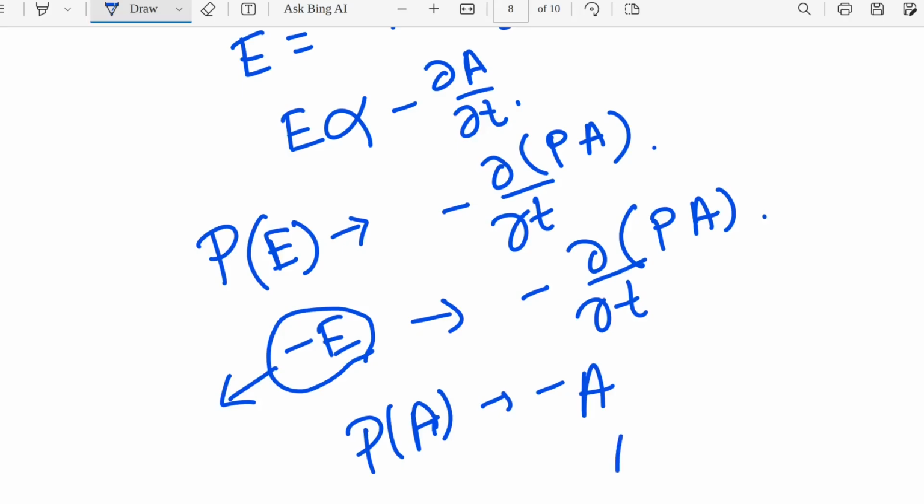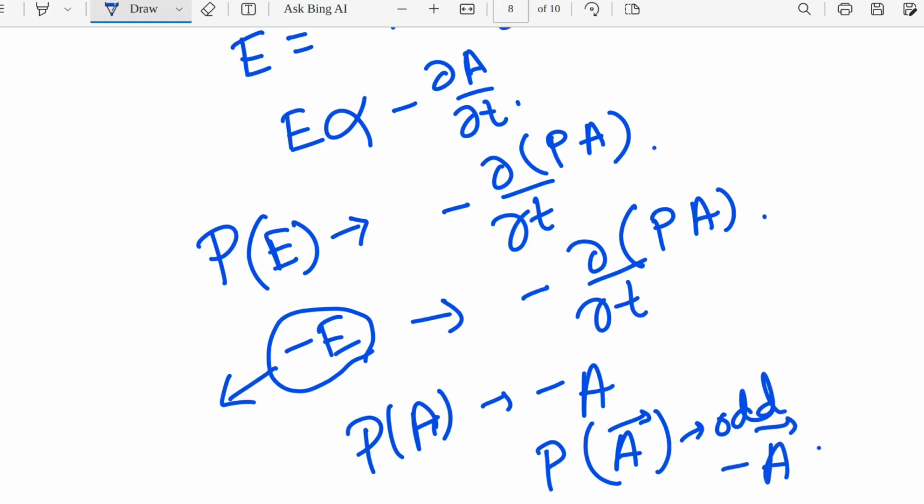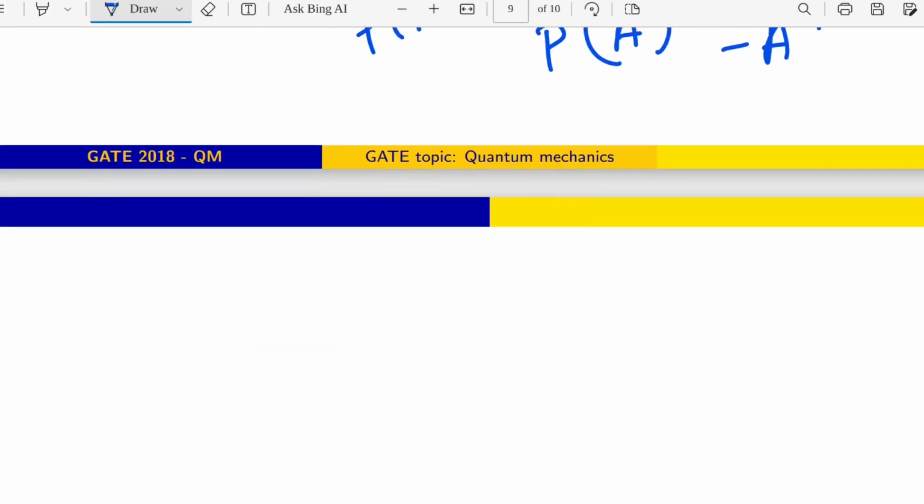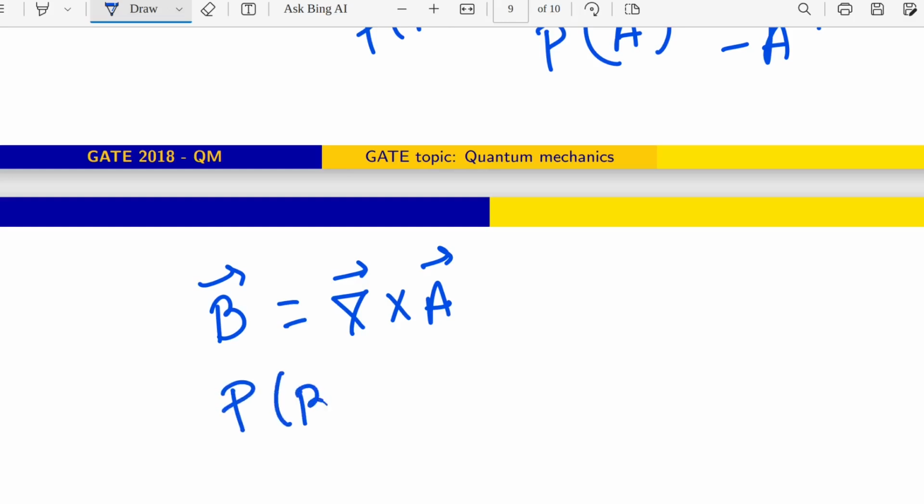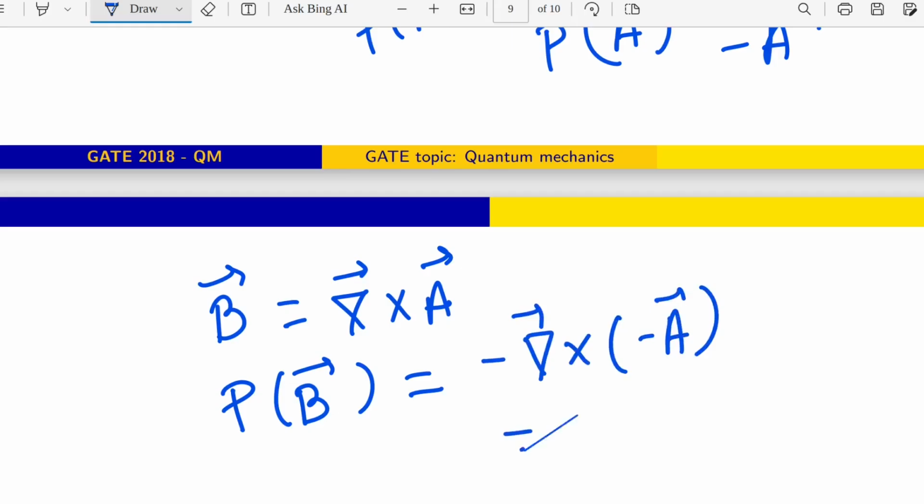So the vector potential A, under parity, is odd, that means minus A vector will come out. Now coming to the magnetic field. The magnetic field we can write as the curl of A. So if we operate parity on B, it will be minus del cross minus A, which is again the curl of A, nothing but B vector.